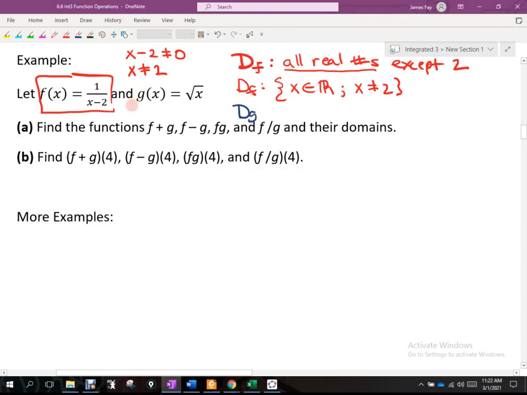Domain of g, okay, because it's a square root, all we have to do here is we take the radicand, okay, we have to say that we can only take square roots of 0 or positive numbers. And the reason we can take 0 is if I put 0 underneath the radical, and I ask you what number multiplied by itself twice will give you 0, it'd be 0 times 0, right? You can answer that question with 0.